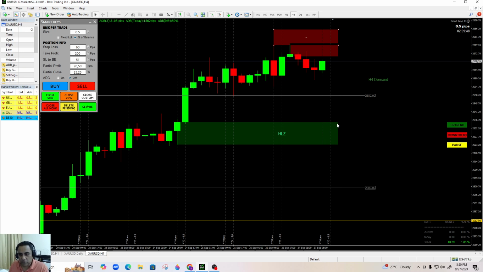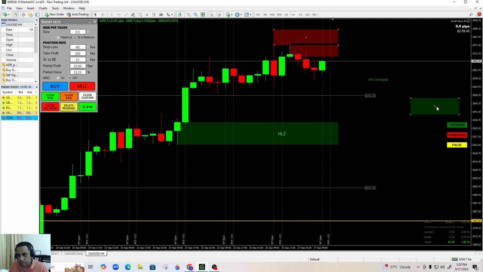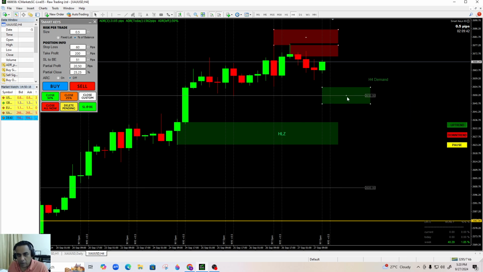Now let's draw some demand zones. Here we have a drop and a rally right here. There is no base here, so I'm going to look for a base on the H1 time frame.